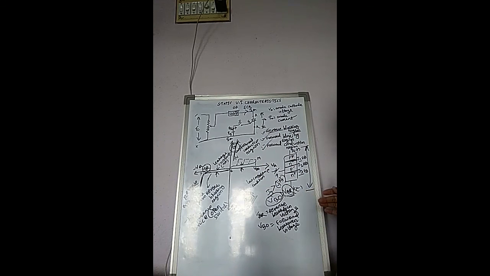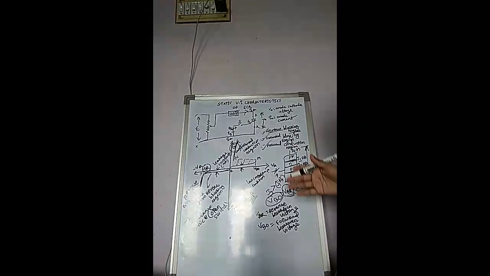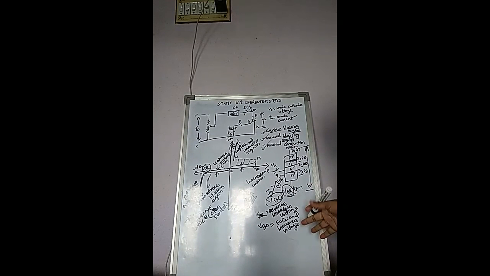Okay, so now we do some modification to this process. We are not increasing this voltage. What we do is close this switch. That means we apply some gate signal.